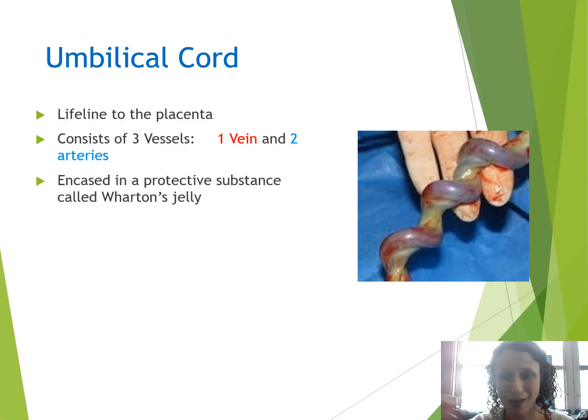A-V-A. And our vein is actually bringing that oxygenated blood to baby, which is super cool. You can see how it's got that jelly around it. We call that Wharton's jelly, and it helps protect our umbilical cord. If this is the primary perfusion to baby, you can imagine why it needs to be protected, right?